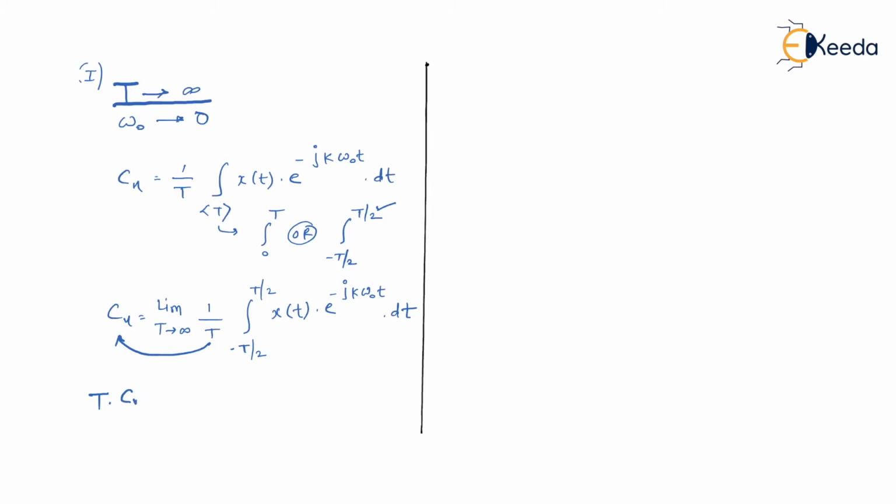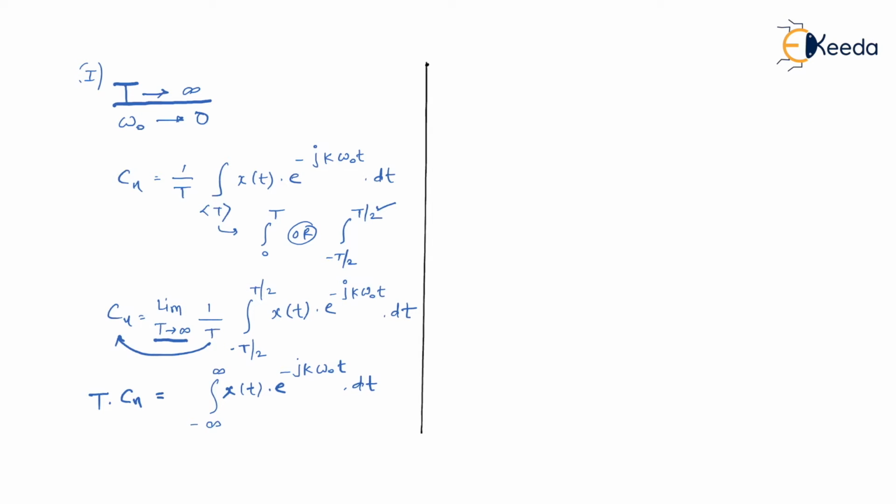T times Cn, which is equal to, now the lower limit is minus T by 2, upper limit is T by 2. Try to understand, when I say T is tending to infinity, it means the limits go from minus infinity to plus infinity now. So just substitute the value of T equal to infinity. The rest of the integration term is x of t times e to the power minus j k omega naught t dt.